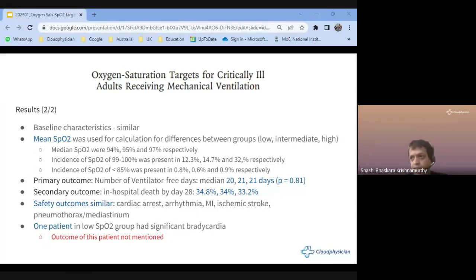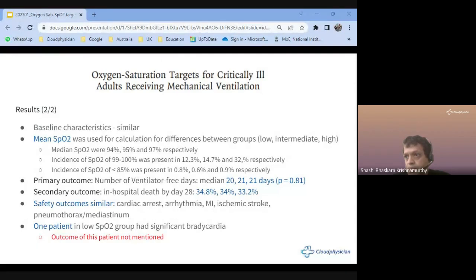But I can see that when they were targeting low, more patients did not reach hyperoxia, is what I can see here. And those who went into hypoxia, that is less than 85% was their definition, was again similar. So most of the time there was effort taken to keep the patients adequately oxygenated, which is the ethical thing to do.